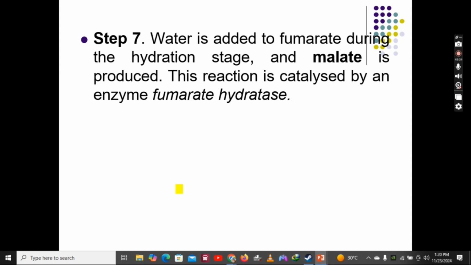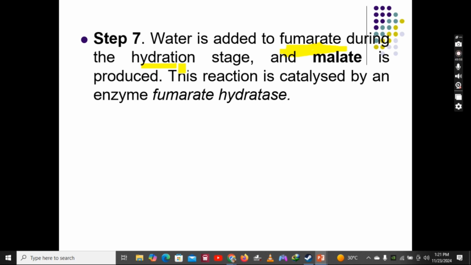So step 7. At step 7, a water molecule is added to fumarate. That's where hydration comes in. Whenever there is addition of water, that process is hydration.